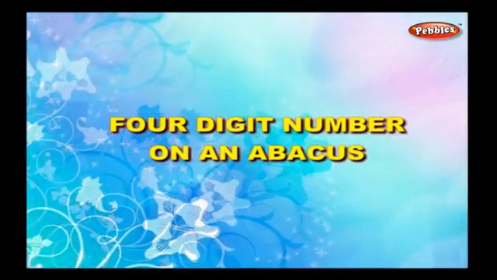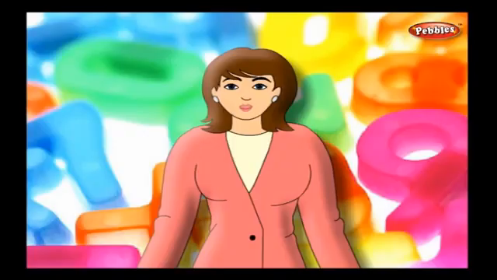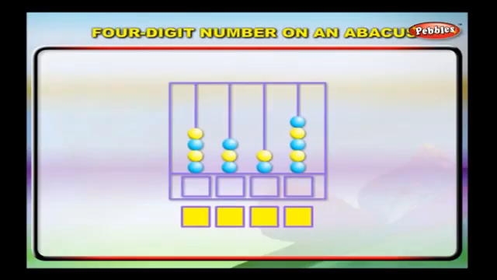4-digit number on an abacus. Let us read about 4-digit numbers with the help of an abacus. Count the number of beads in the spikes that show ones, tens, hundreds and thousands respectively. We have 5 beads in the ones column.